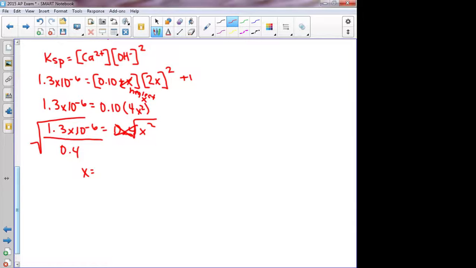All right. How many sig figs do I need? I need 2. Remember? In 1.3, I've only got 2, so I need 2 sig figs. What's my answer going to be?